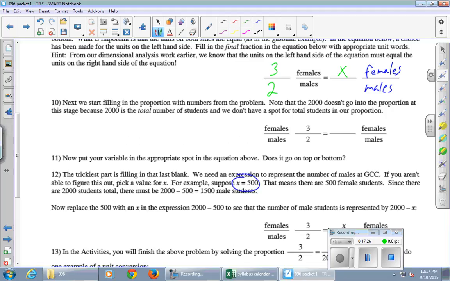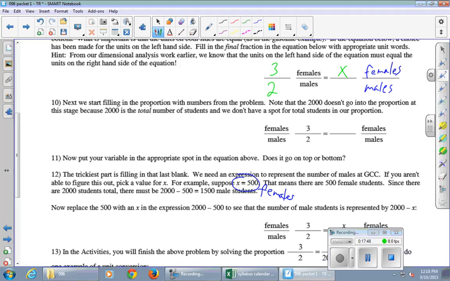500 what? What did x represent? Females. So we're saying 500 females, right? So if 500 were the number of females, then what number would we put in this blank for the number of males? 1,500. It's not so important what that number is. The important thing is how we get it.